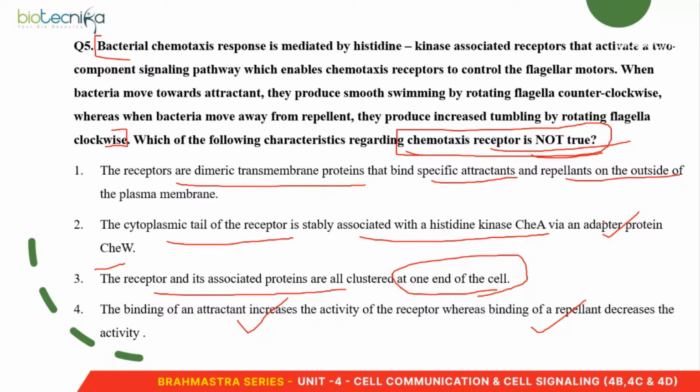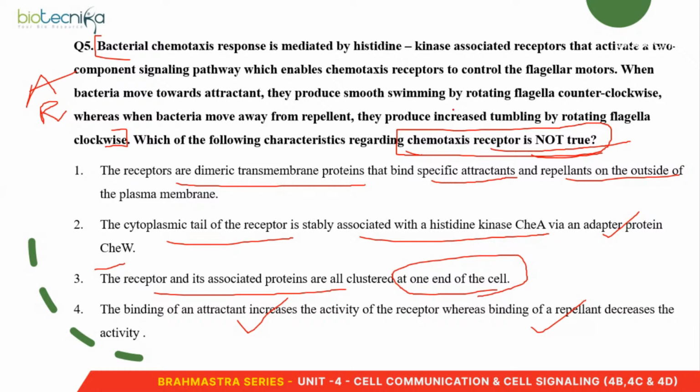When it comes to bacterial chemotaxis, although questions are few, even if they ask, they will be asking in the 4 marks section. So far, they have asked in the form of part C only. Just be familiar with the sequence of events that takes place when the attractant is bound to the receptor and when the repellent is bound to the receptor, and their movement.